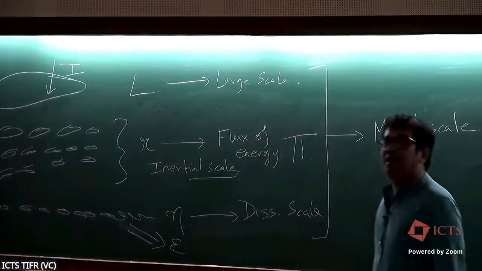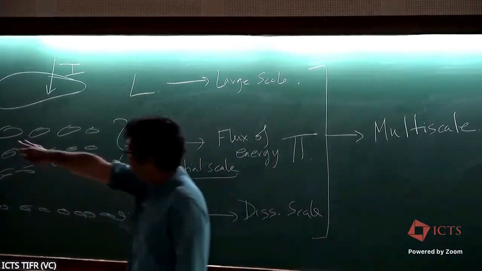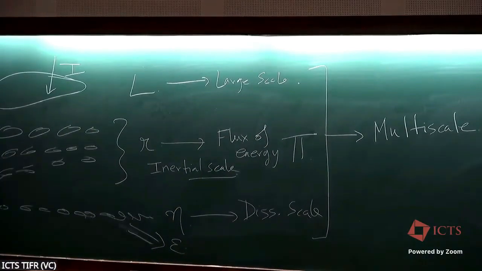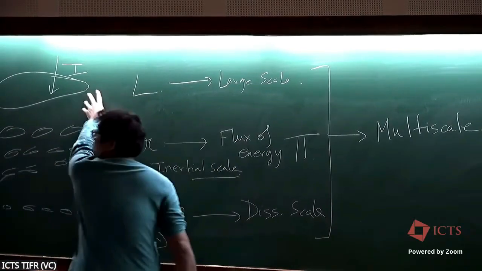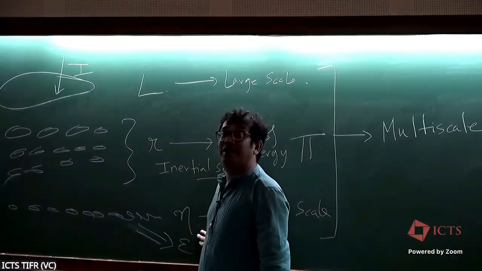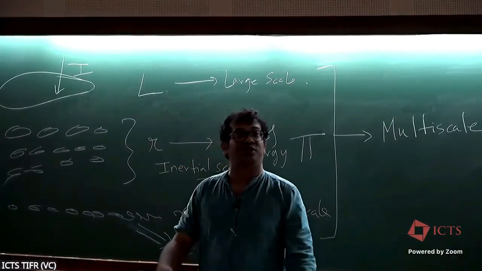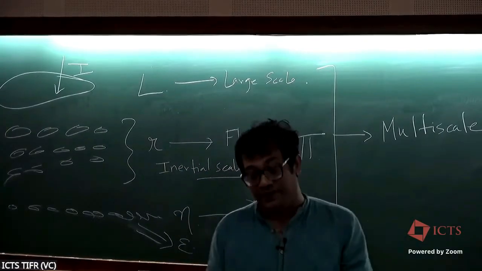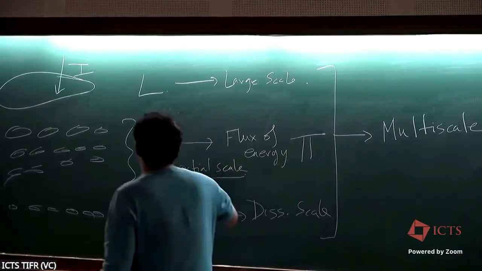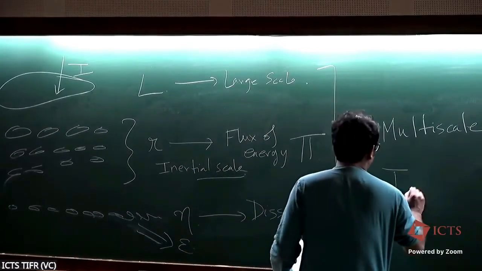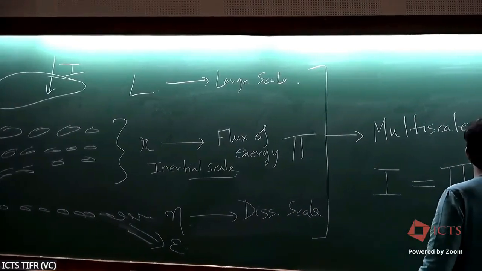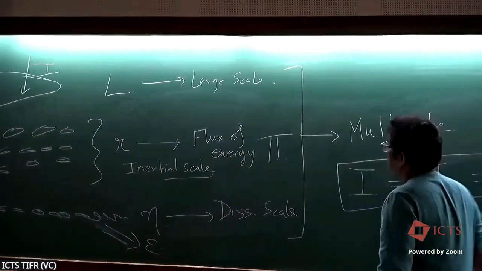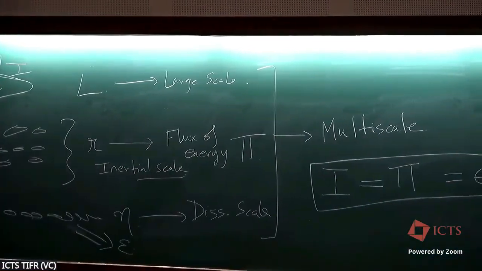All right. So now if we are in steady state, which is where we began, that seems to be the only obvious choice, at least in an average sense, that the stuff that you inject and the stuff that you get rid of, for things to be stationary so that there are no pile-ups of energy at some length scale, you should expect that I will be equal to pi, which will be equal to epsilon. You would expect this sort of relationship to hold.